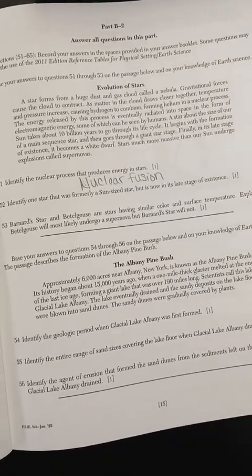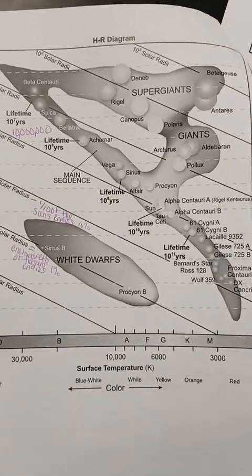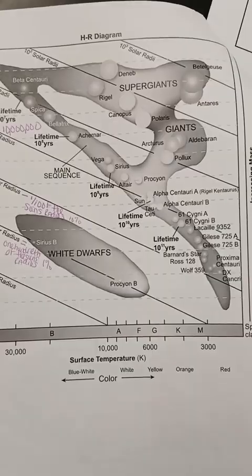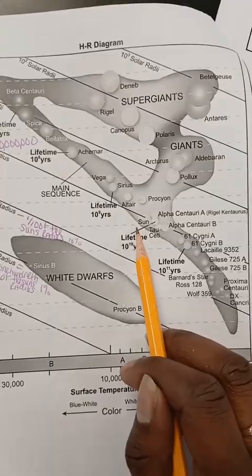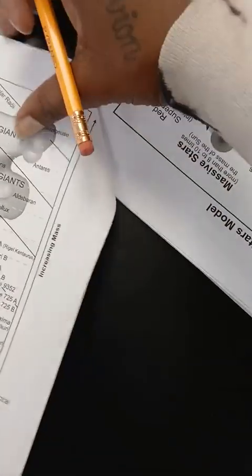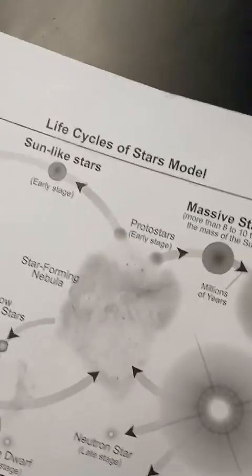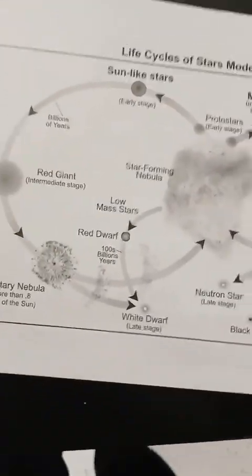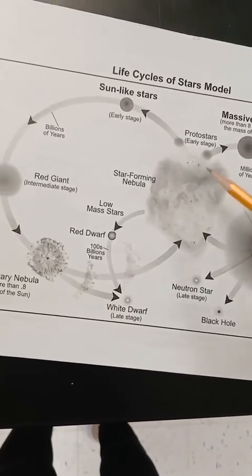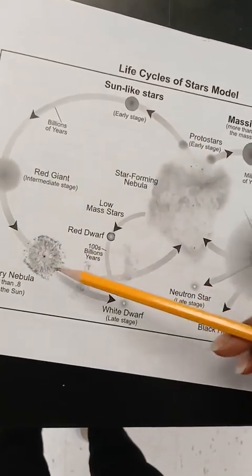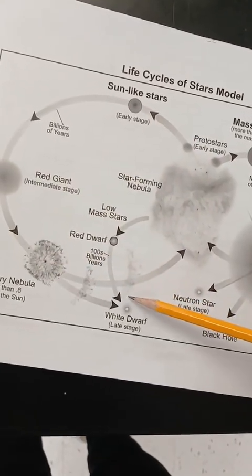So if we go to our stars chart, we can see that the sun is currently a main sequence star, right? We see that right here. Now if you come to your life cycle of a star model and follow what the life cycle of the sun will go through, as it told us, we know that it will become a white dwarf.